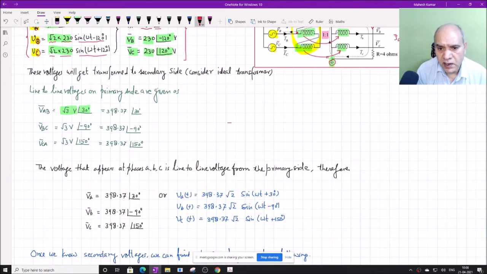Suppose this is my A phase, this is my B phase, and this is C phase. Then VA minus VB: this is VA, this is VB, make a parallelogram from this and join them together, and you will find VAB. So VAB will therefore be this one.